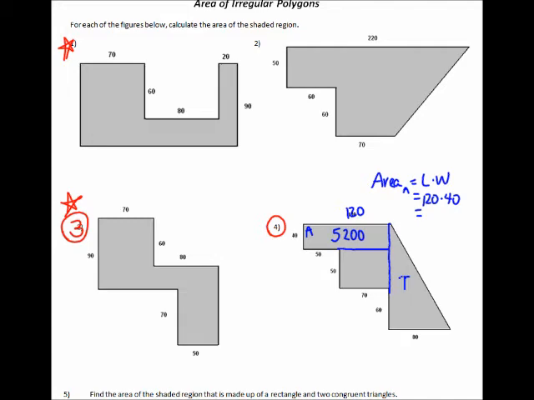I think we might have changed this problem. So let's just assume that that's the 120, and 12 times 4 is 48. So that'd be 4,800. And I would write that in there.